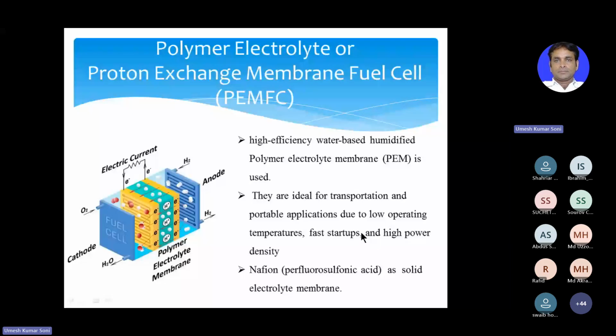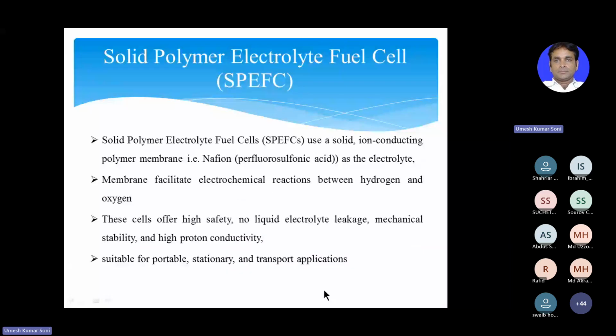This is the main material which is used as solid polymer electrolyte, and this solid electrolyte membrane is humidified. Okay, in this category of fuel cells, Nafion is the main electrolyte membrane, solid polymer electrolyte membrane fuel cell.